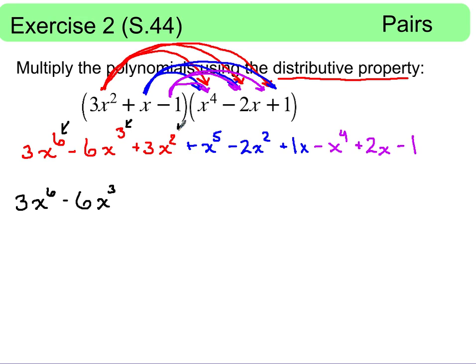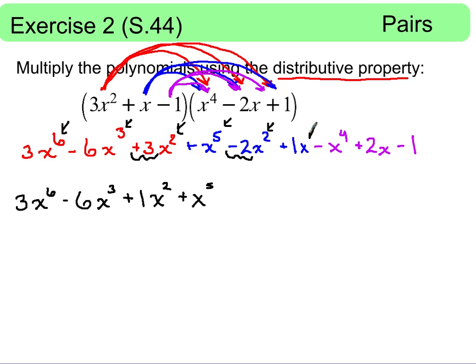Here I see an x squared. Here is another x squared. So I can take and do positive 3, minus 2. That gives me a positive 1x squared. We'll keep the squared. Here's x to the 5th. There are no other x to the 5th, so we'll write plus x to the 5th power.